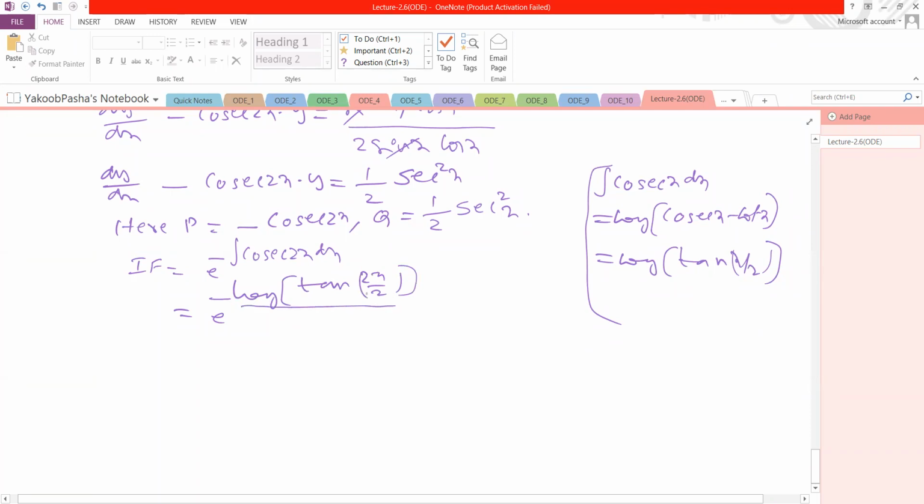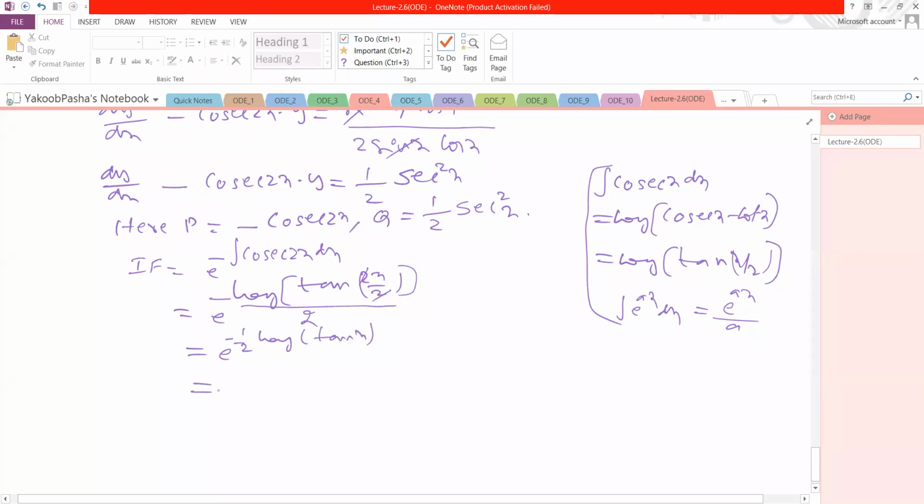Again, differentiate 2x, we get 2. As we know, integration of e power ax dx is equal to e to the power of ax by a, that is, we differentiate ax and divide by the result. Here we are differentiating 2x and dividing by the result, so 2 will be cancelled. So this is equal to e to the power of minus 1 by 2 log tan x.